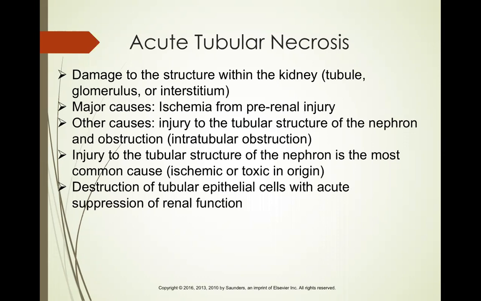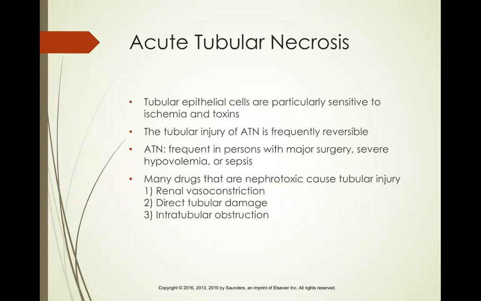It can be ischemic or toxic in origin, and the destruction of the tubular epithelial cells is what causes the suppression of the renal function. Tubular epithelial cells are really sensitive to ischemia and toxins. Once they are damaged and inflamed, they are not capable of performing the function of filtration.